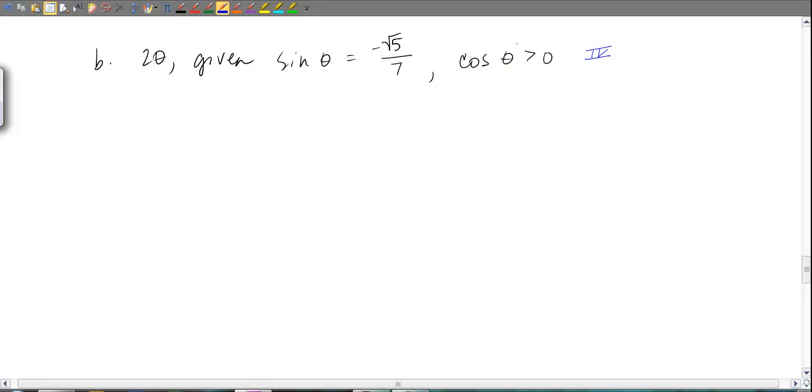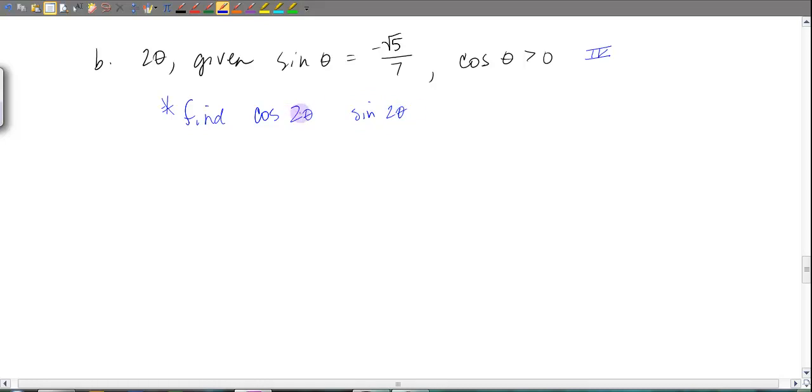So we're just going to start. If I use the double angle identities and I'm only given sine, let's see how we can go from there. We're wanting to find the cosine of 2 theta along with the sine of 2 theta.